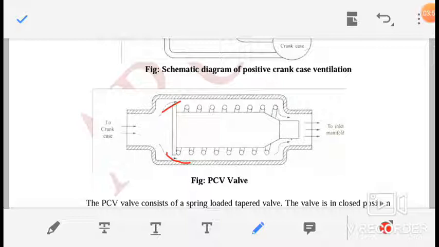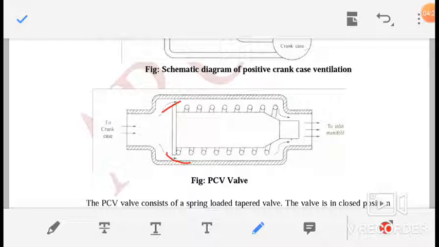For example, now this opening is larger, which allows the entire blow-by gases to enter into the intake manifold at high speed, or when the engine is operating under heavy load. The throttle valve opens widely and decreases intake manifold vacuum.